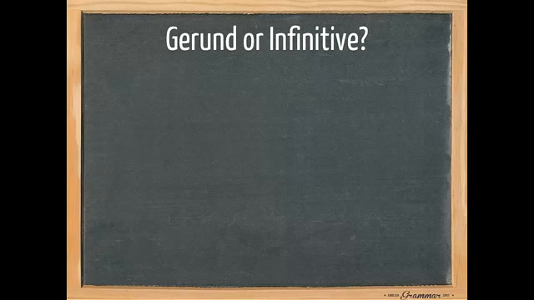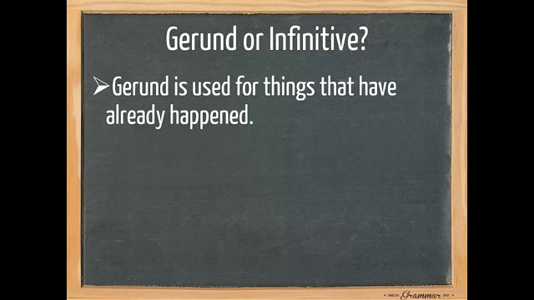Now, as I said in the beginning of this video, people tend to be troubled by the gerund and the infinitive, thinking that you either use the gerund or the infinitive, and there are strict rules to that. It is more complicated than that, but generally we can say that the gerund is used for things that have already happened.